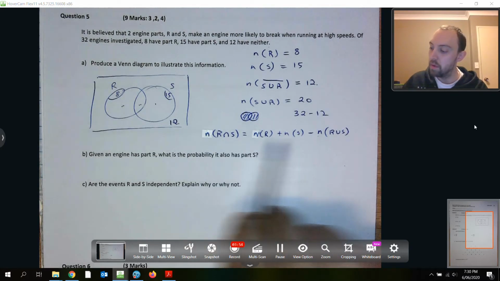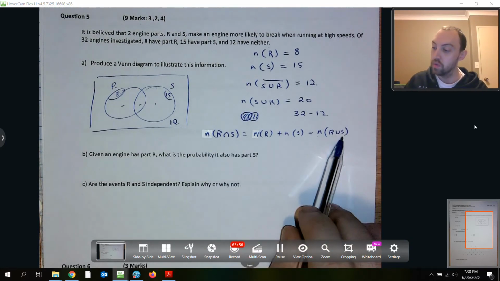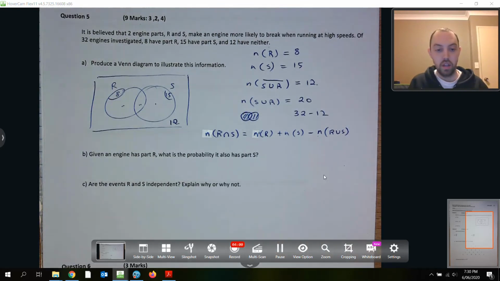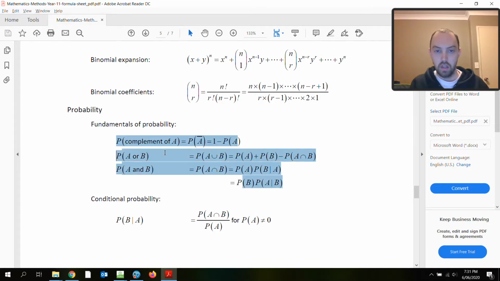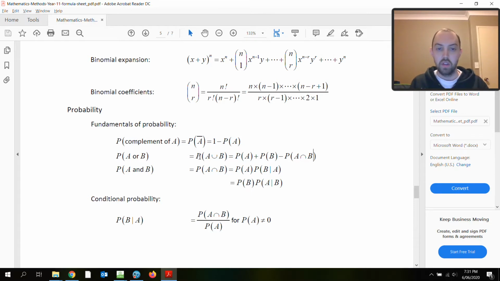So you guys might remember the addition rule for non-mutually exclusive events. Alright, here it is. Probability of A or B is equal to the probability of A union B, because union is or.